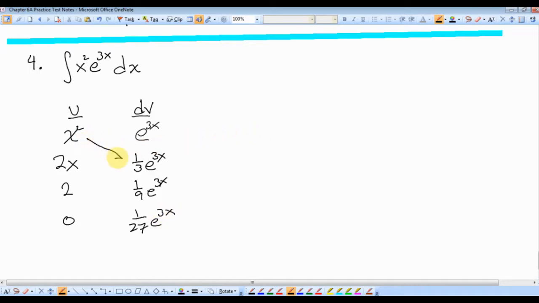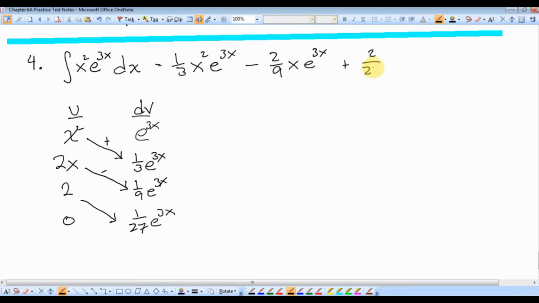One at a time. This equals 1/3 x squared e to the 3x minus 2/9 x e to the 3x plus 2/27 e to the 3x plus constant.